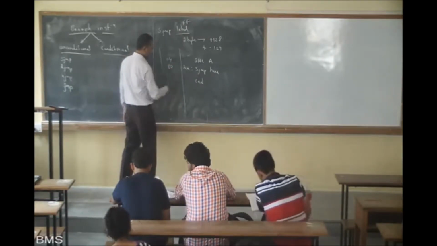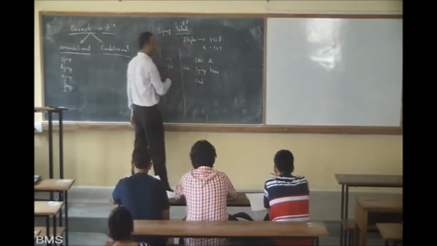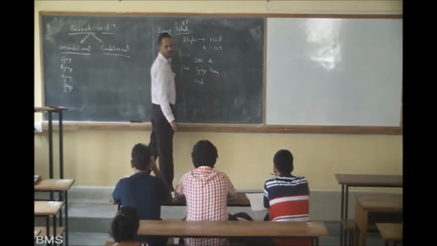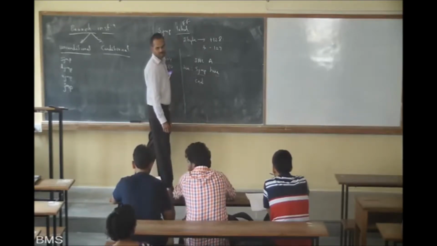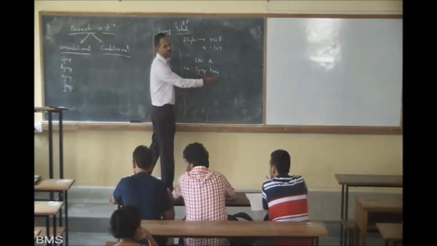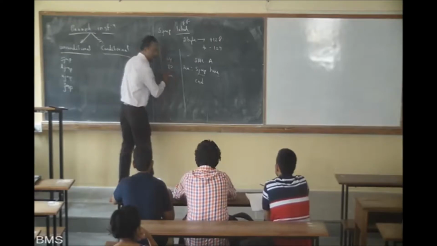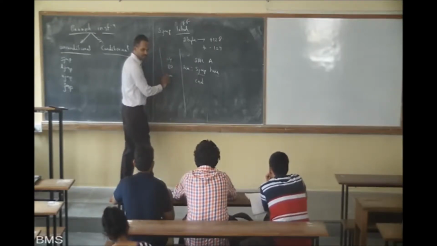Right? END does not have an opcode, but SJMP has 80. What is the value of here? SJMP is 80. SJMP here, this address keeps on changing. So what we do is we'll write here only. What is the address? We will fix it later.